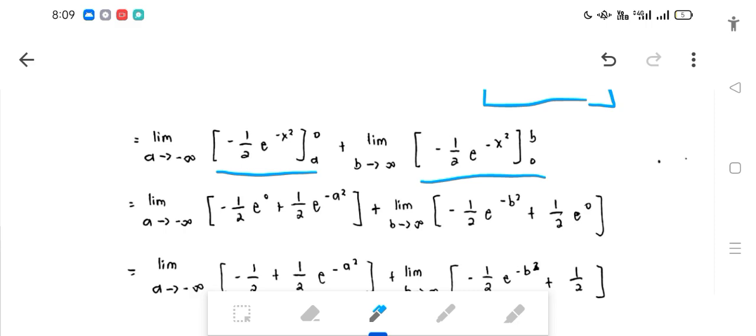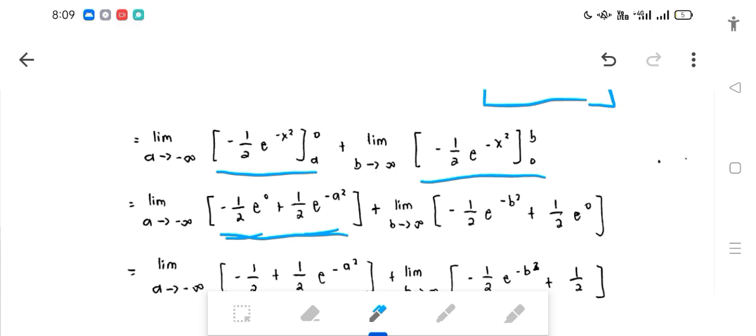So first we're going to substitute 0, and for this one we're going to substitute a. That's why we have here negative 1/2 e raised to 0 plus 1/2 e raised to negative a squared.